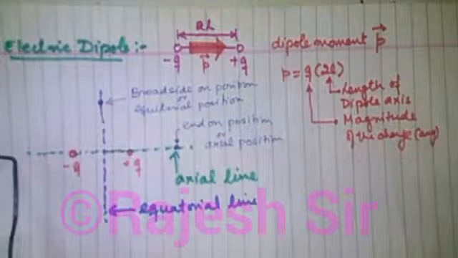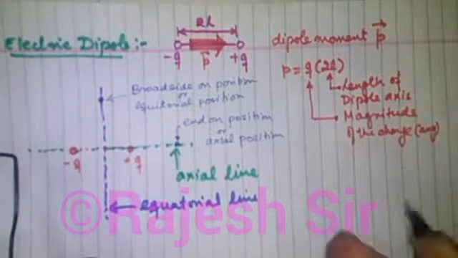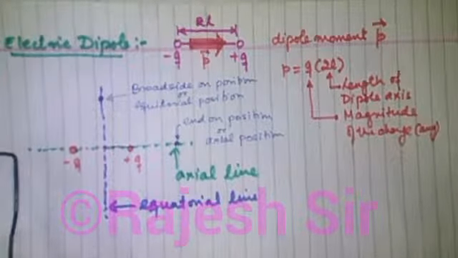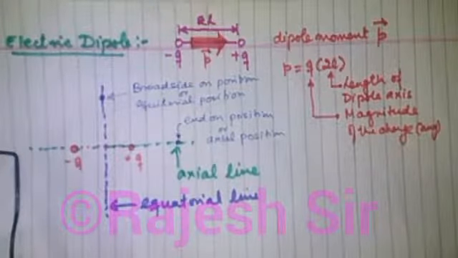You will be asked to derive the electric field at the axial position or broadside-on position. A number of questions can be framed for derivations, but presently we are not interested in the derivation part. I will directly go ahead with the result.